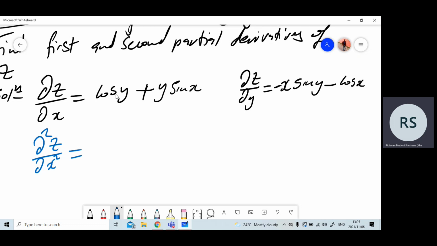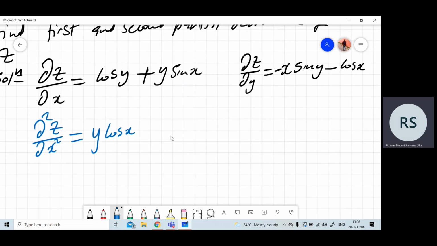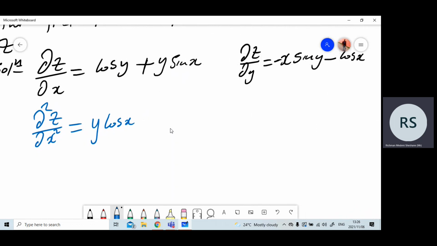There's no x in the first term, so we treat this as a constant, so the derivative is 0. And when we derive this with respect to x, we ignore y and just derive sine x. The derivative of sine x is cos x. Okay. And now this was a derivative with respect to x from the first partial derivative with respect to x.